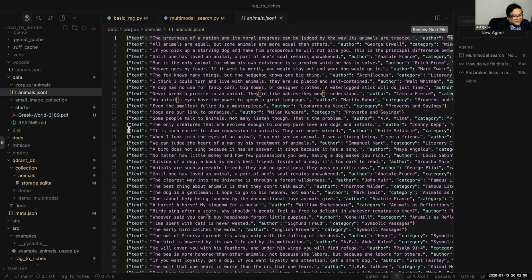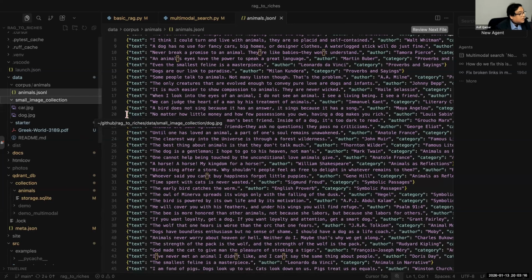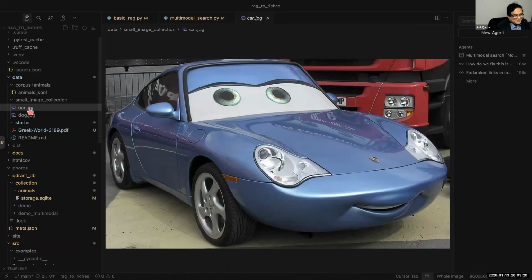So what will happen? Each text, each row is one document, right? These documents are rather short. I deliberately kept it short so that we don't deal with complications like chunking and other things for this particular thing. And we even have an image collection. And our image collection is vast. It contains two images, right?